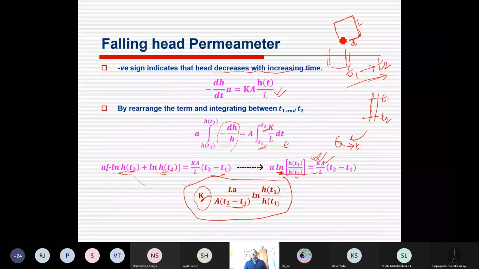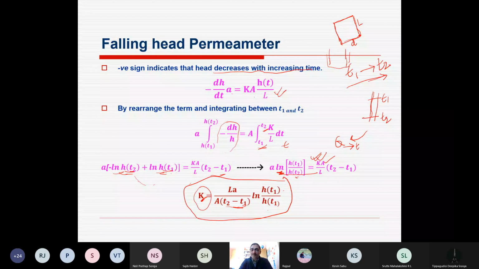However, in general, once we are driving this core sampler inside the soil, there is pressure. We need pressure to drive it in the soil, and that makes a little disturbance to the soil here.